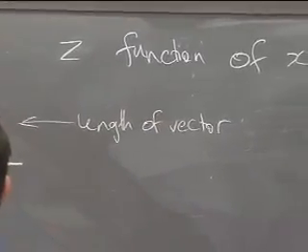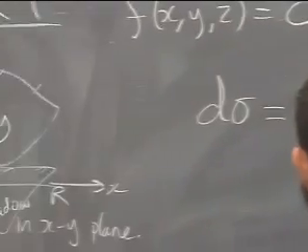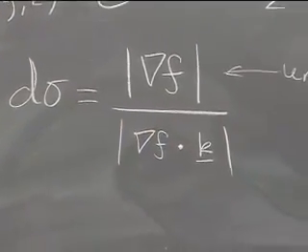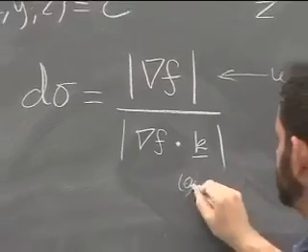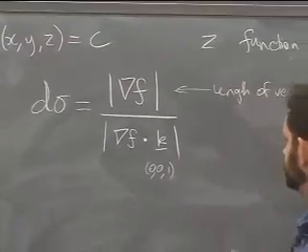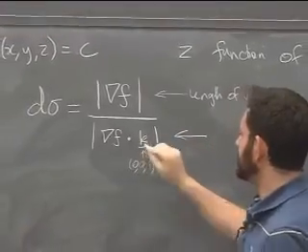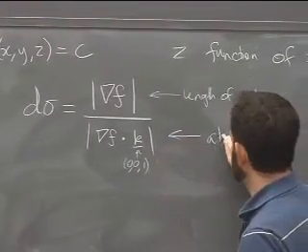And you divide by its dot product with the k vector, which of course is 0, 0, 1. And because the dot product is a scalar, this is actually just a regular old absolute value.